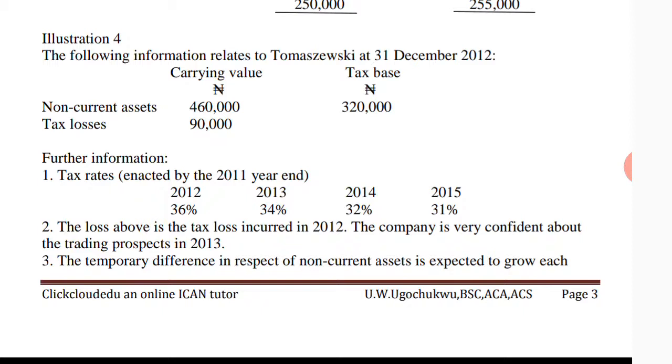So you are given the current amount and the tax base. And we are given the tax loss. Remember that we are told that tax loss warrants a deferred tax asset, which is a credit note, so it will be carried forward.